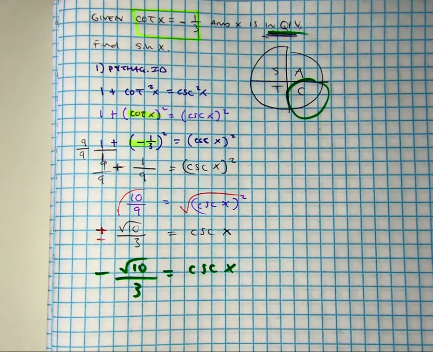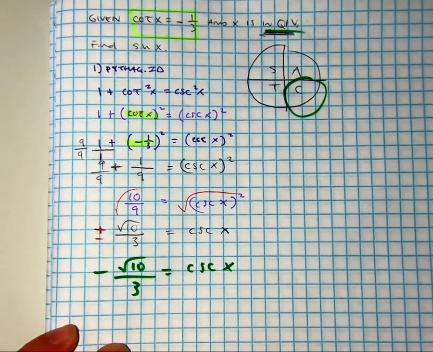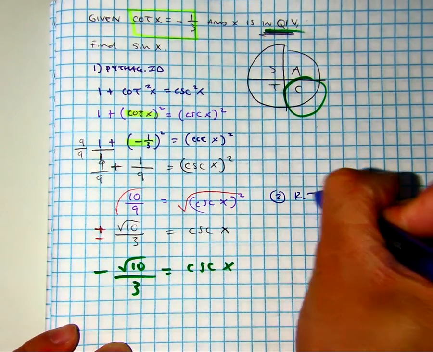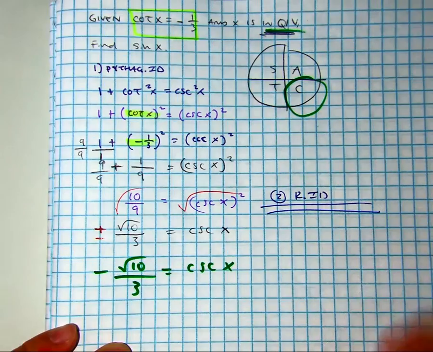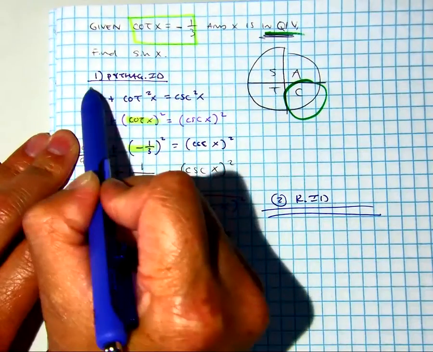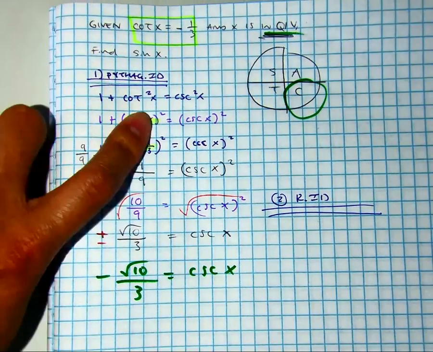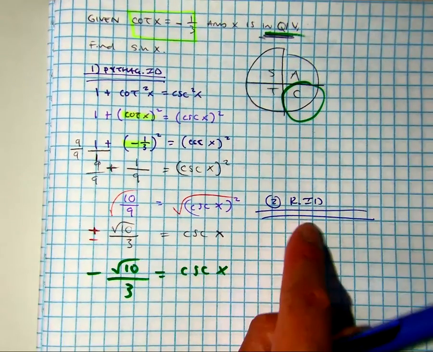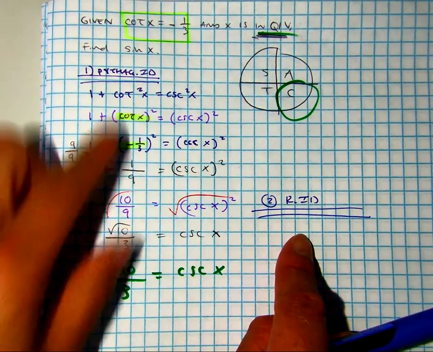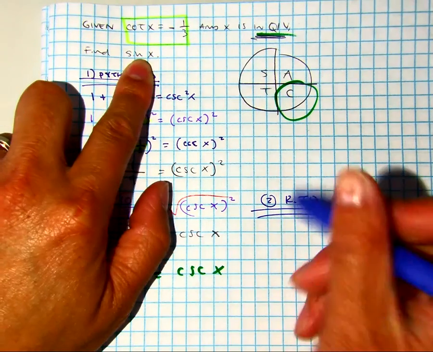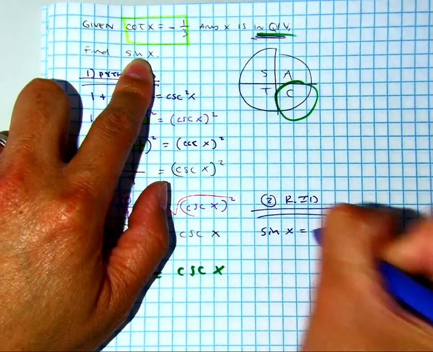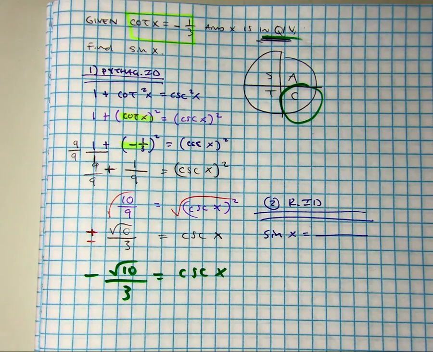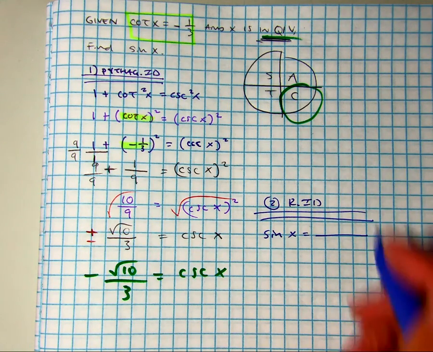Okay. Now I need to use the reciprocal identity. So over here we use the Pythagorean identity here in yellow. Now, some students get a little bit confused about which reciprocal identity do I pick? Well, I'm trying to find sine, so that's what I'm going to write. Sine of x equals, what's the reciprocal identity? 1 over cosecant.